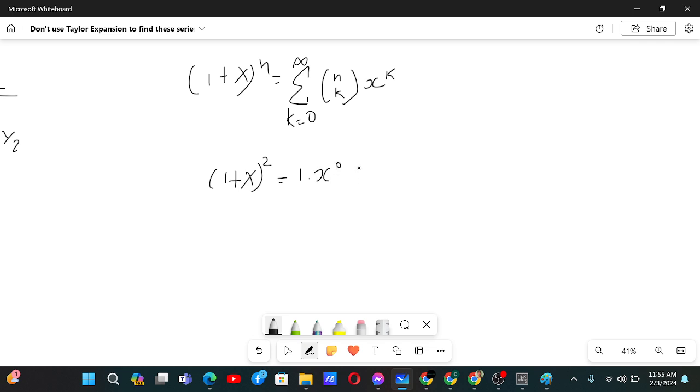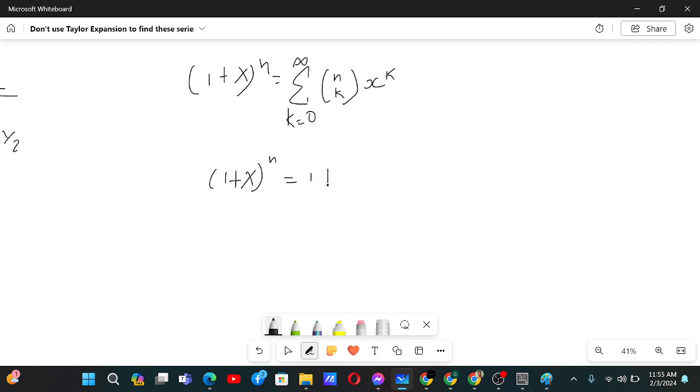Now n choose 1 is basically n by 1. Let me take some general integer rather than a specific one. Basically let me take n itself, where n is a positive integer. Let us see in that case.